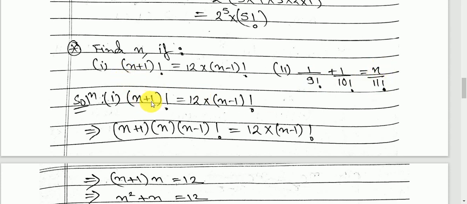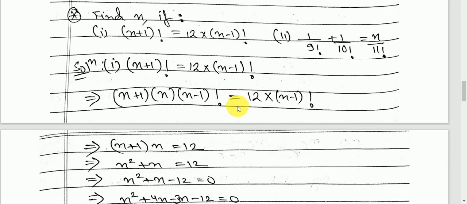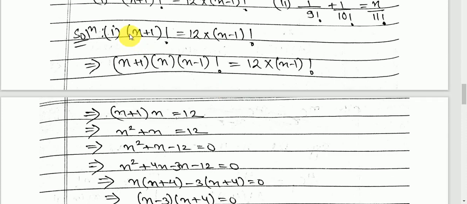So here factorial n plus 1 is equal to 12 times factorial n minus 1. You can see over here factorial n plus 1 can be written as n plus 1 into, from here you reduce by 1, so you get n, then reduce 1 again, so you get n minus 1. So you get n plus 1 into n.